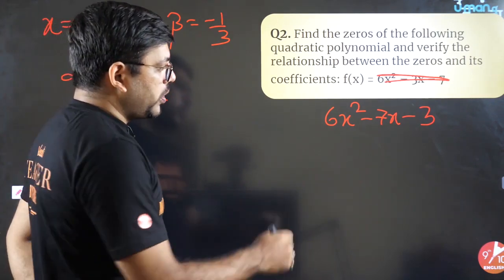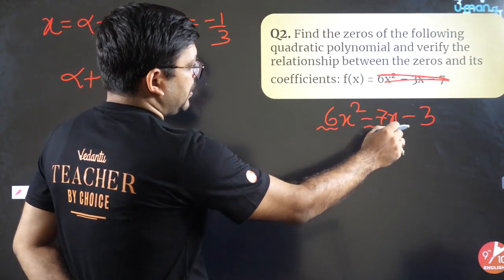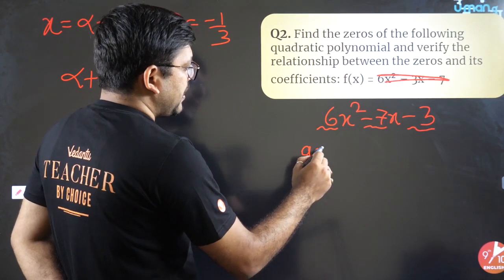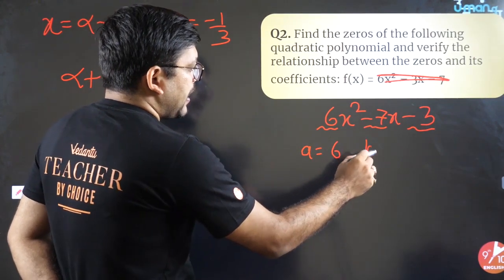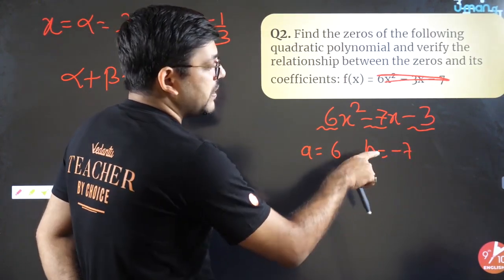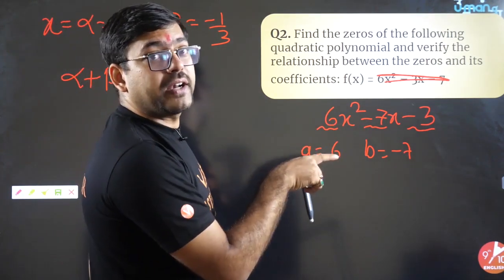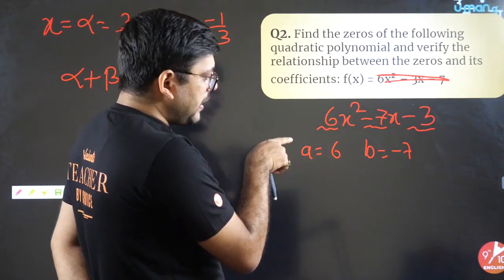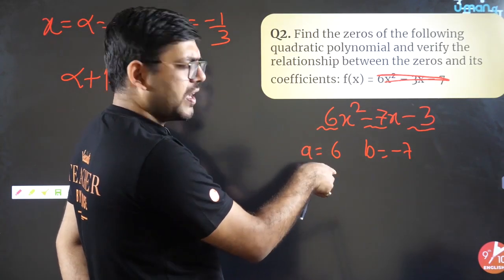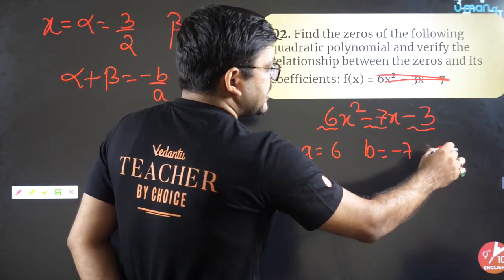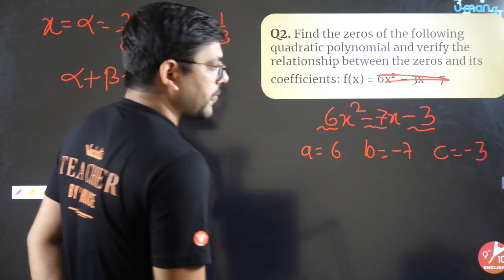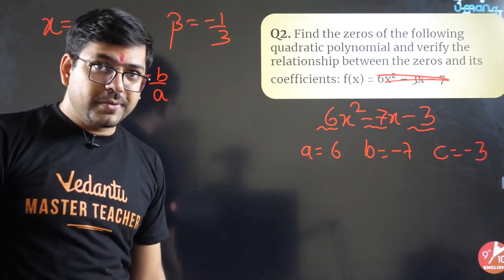So I hope you know that this is your a, this is your b, and this is your c. Just one important concern, a, b, c will always be along with their signs. B should never be written as 7, rather it should be written minus 7. Similarly, a is already plus 6, so we have written it 6. And c will also be minus 3.